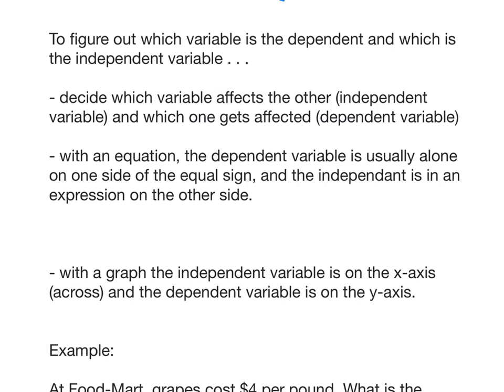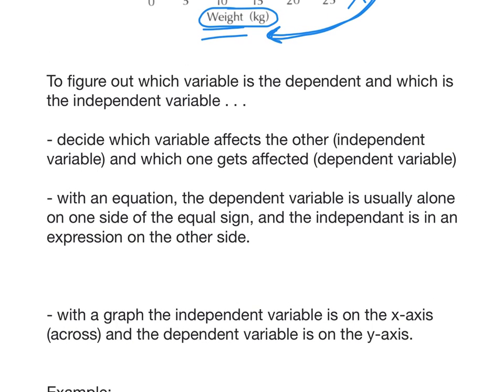To figure out which variable is the dependent and which is the independent variable, you're going to do the following. Now remember, these are our notes. So we should be writing these down. So, to figure out which one's which, first, decide which variable affects the other.